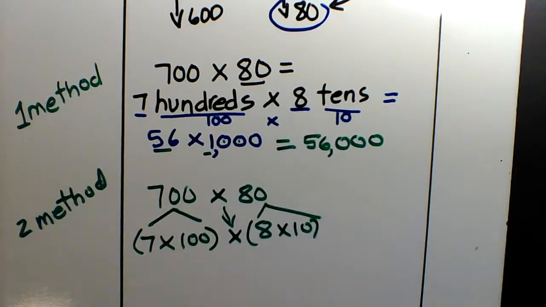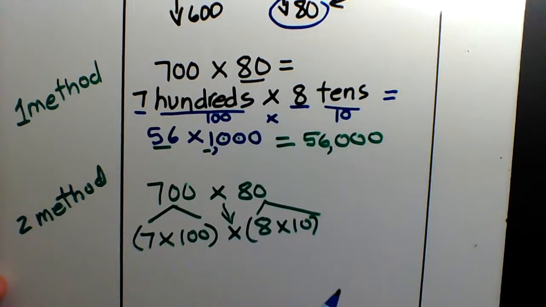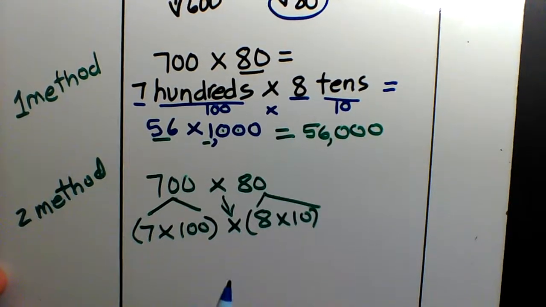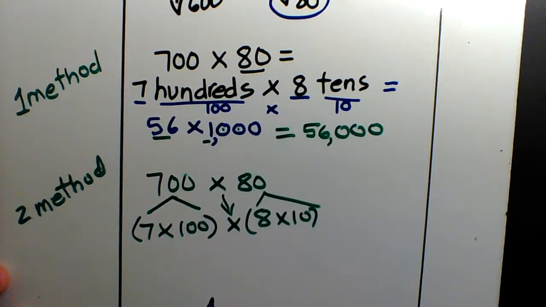So this is what you call the distributive property. You separate, decompose the numbers. Now we're gonna do a little something more fancy than this. This is gonna be the commutative property, because in multiplication the numbers can move places.